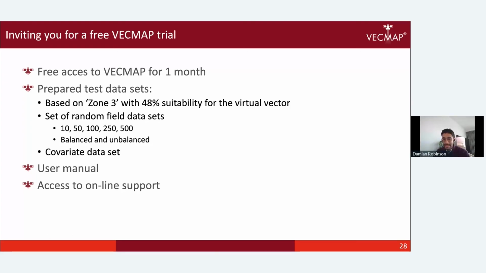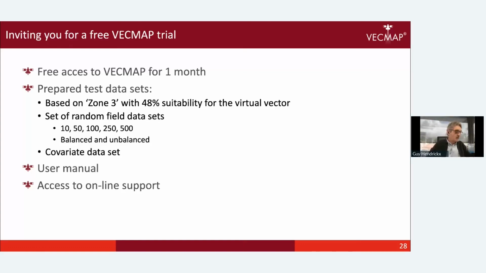Can you say something about the relative weight of certainty about positives versus negatives? Because you can never be 100% sure that something is truly absent. Are they weighted equally in your exercise? That's why we used the virtual vector: if we have an absence in the virtual vector, we know for sure it's absent.